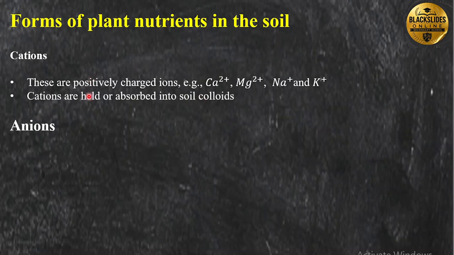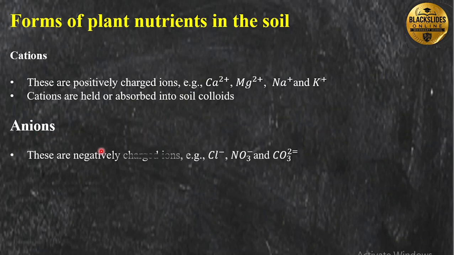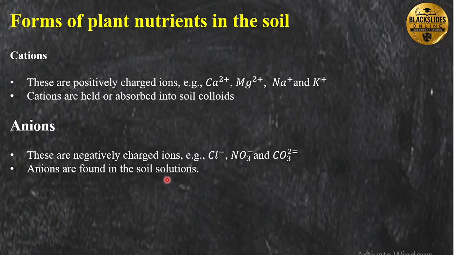Another type of nutrients in the soil is anions. Anions are negatively charged ions such as chloride ions, nitrate ions, and carbonate ions. These are called anions. So anions are found in the soil solutions. They are not easily reached from the soil because they are bound to soil colloids.